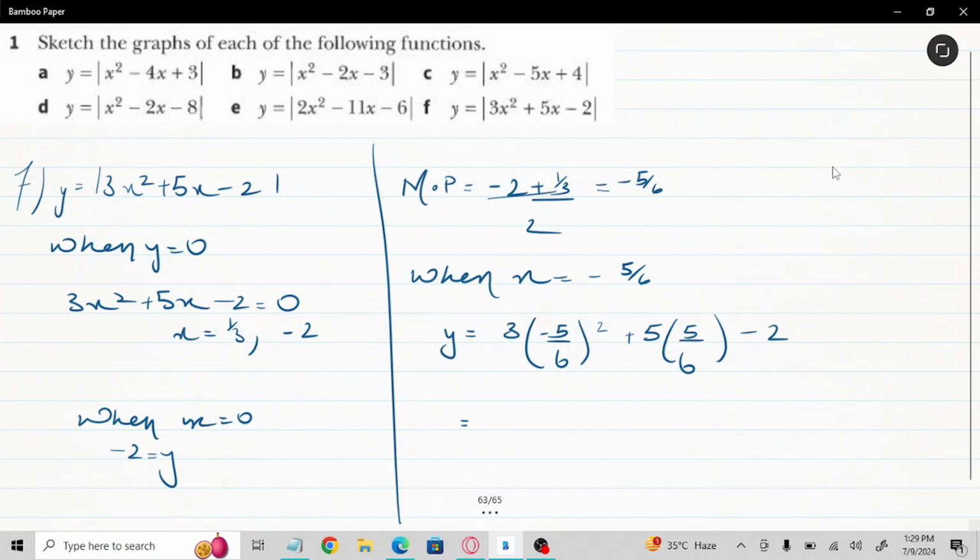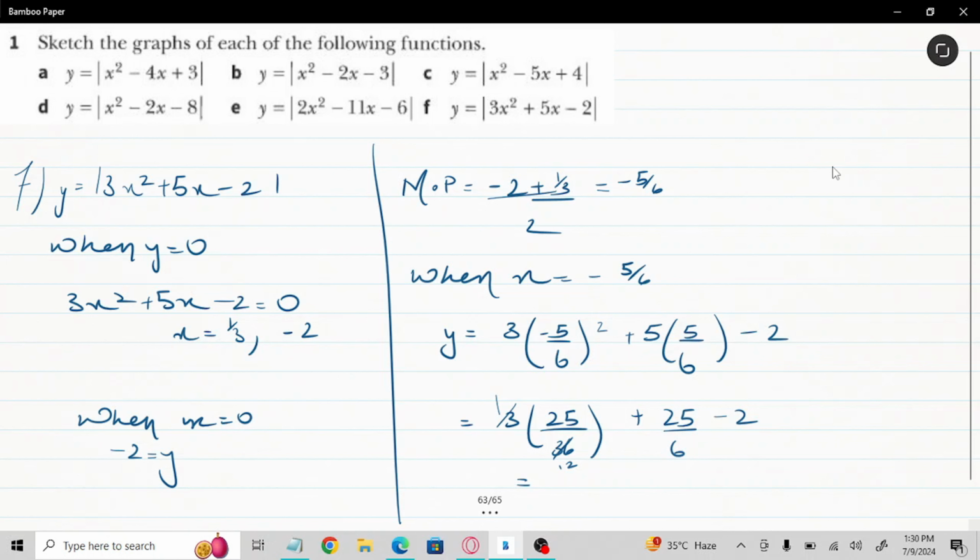Okay, so that will become 3 multiplied by 25 upon 36 plus 25 upon 6 minus 2. That's going to be 3 ones are 3, 3 ones are 3, 2 to 6, 25 upon 12.